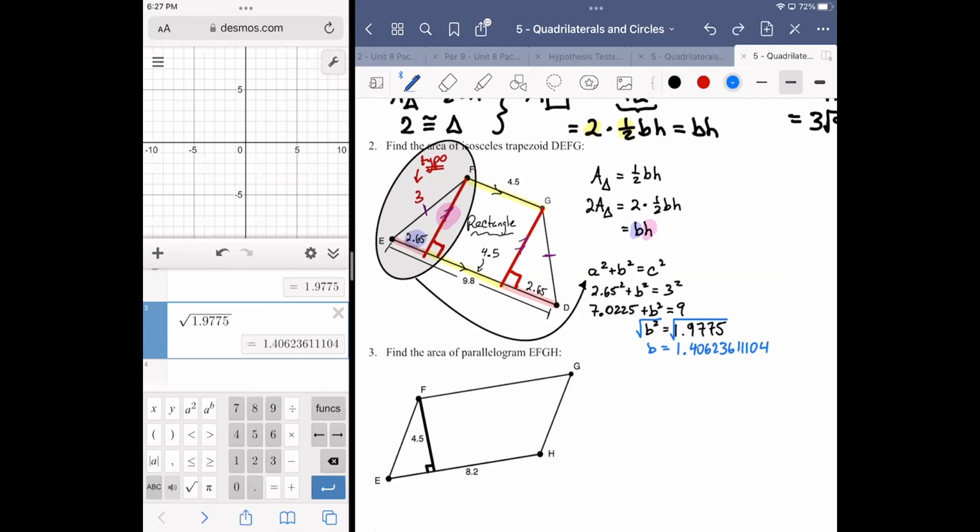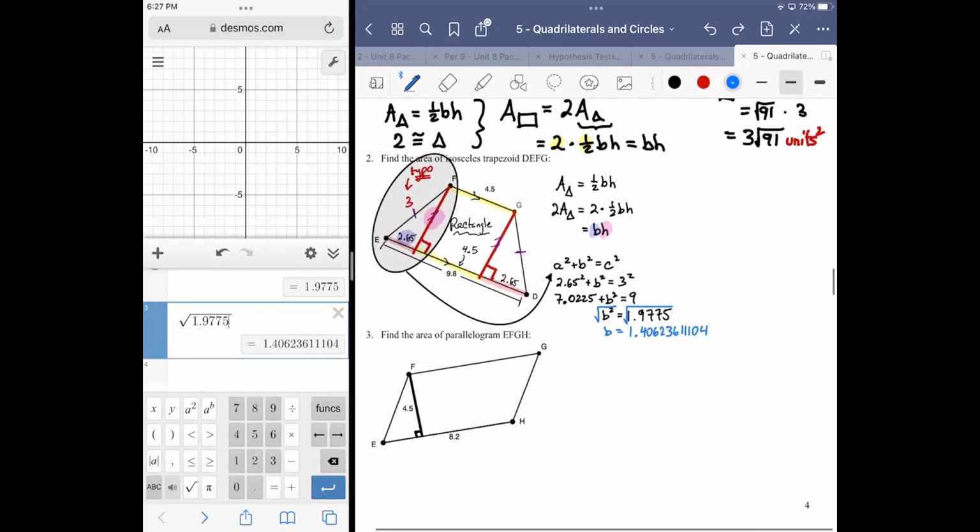Right, so we now have enough information to figure out the area of this trapezoid. So I'm going to take the base of 2.65. Right, so I'll work on the 2 triangles first. I'm going to take the base of 2.65 and multiply it by the height that we just came up with, 1.406, blah, blah, blah.